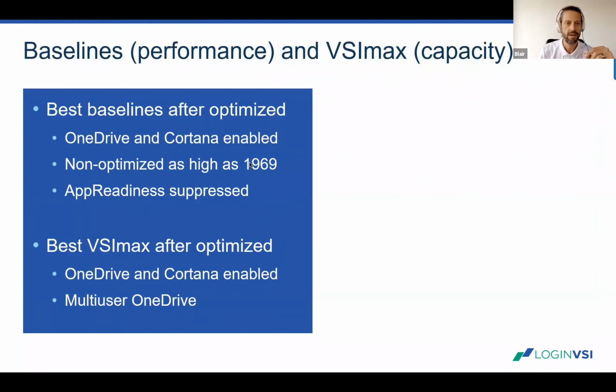But with the system, we saw non-optimized as high as about 1,969 milliseconds, and that's pretty slow. We typically like to see closer to the 1,500 millisecond range. And then we also suppressed app readiness. App readiness is a service within Windows 10 that helps to prepare your applications for first-time use, and we'll cover a little bit more of that in later slides.